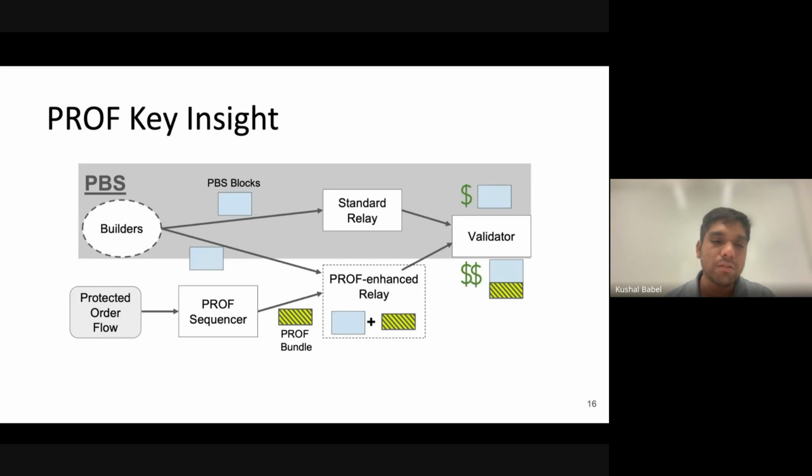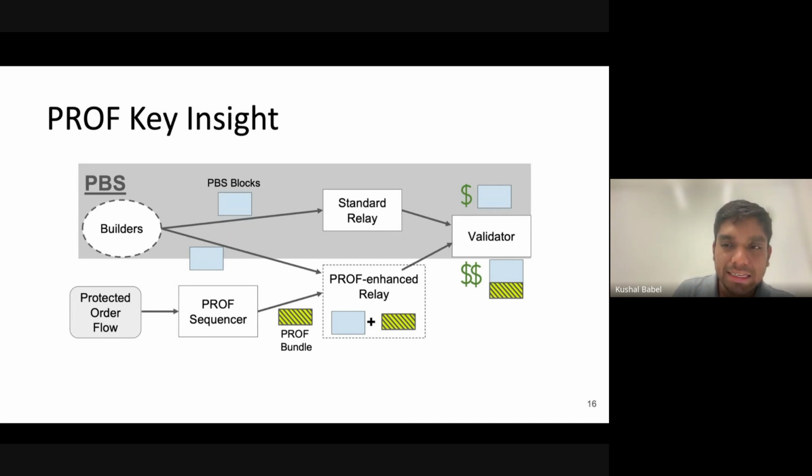We'll talk about the sequencer as well as we go on. But it takes these transactions, sequences them in a fair way, and then sends them to a relay, which appends these transactions to the most profitable block from the auction. So it carries on its auction as it would in the normal PBS. And then at the end, when it has the most profitable block, it will append the prof transactions to it and send it to the validator.